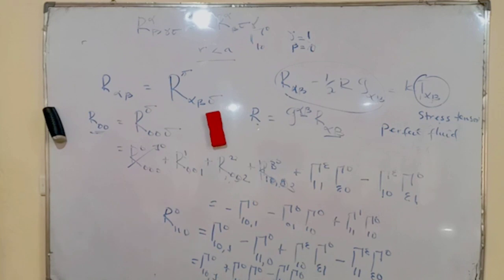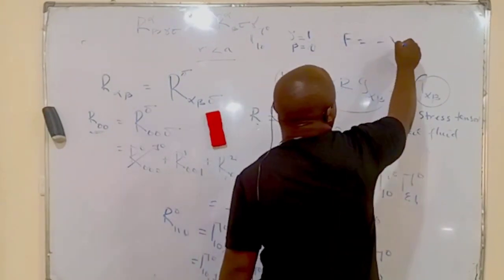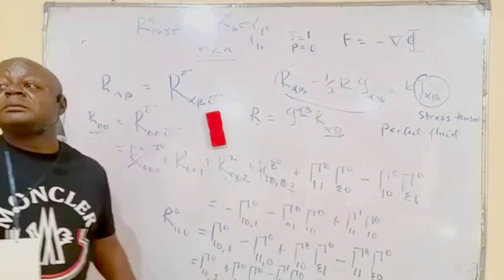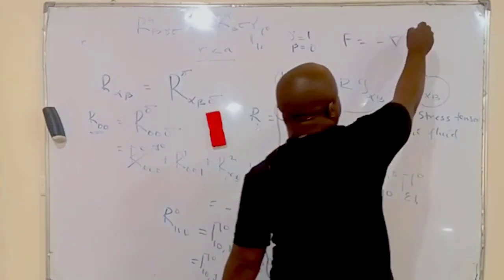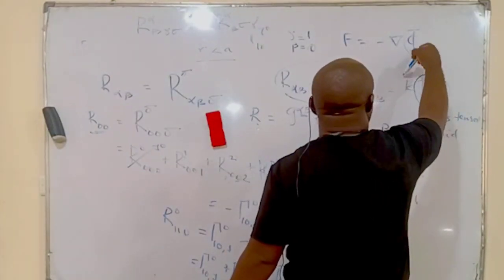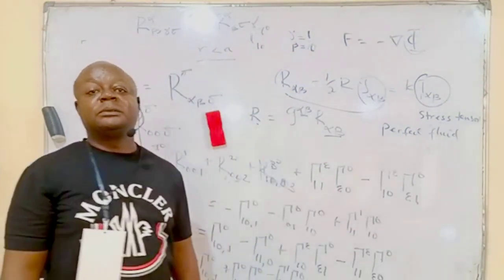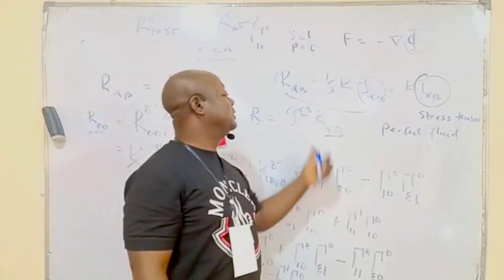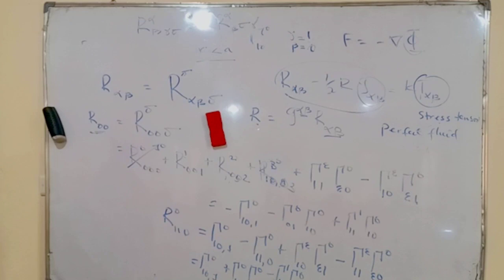In Newton's theory, the gravitational field equation is F equal to minus the gradient of phi. So phi, the potential, is playing in this equation the same role G is playing in this other equation. So these are the field equations, and they actually describe the field.